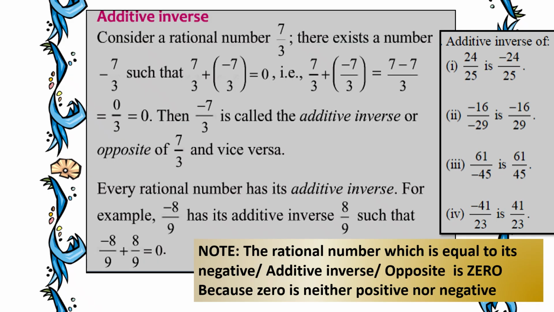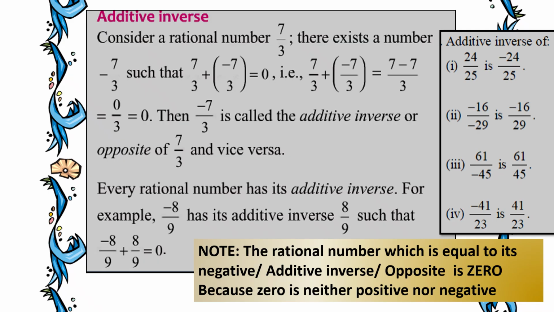There exists a rational number minus 7 by 3 such that when I add 7 by 3 to minus 7 by 3, the result is 0. That is 7 by 3 plus minus 7 by 3 is equal to 0. Then this minus 7 by 3 is called the additive inverse of 7 by 3, or opposite of 7 by 3, or negative of 7 by 3, and vice versa.